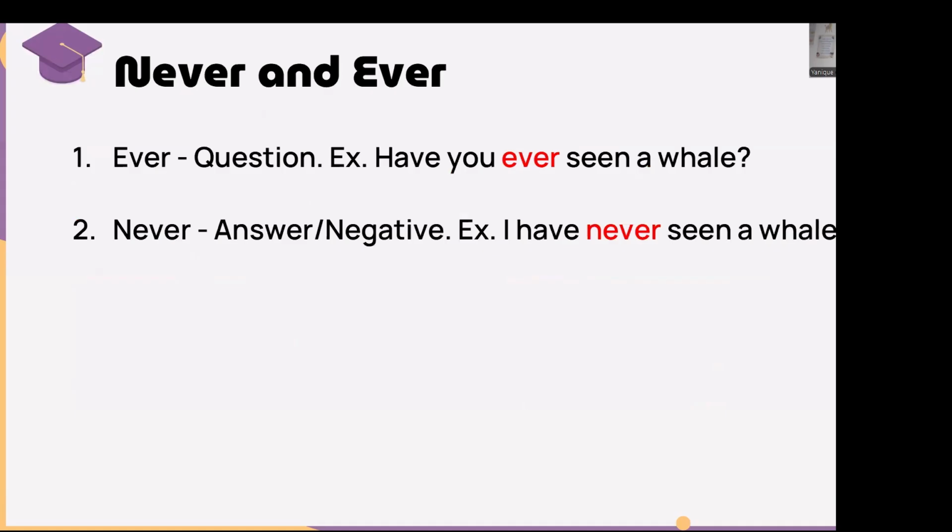Now with never. I have never seen a whale. And if you notice in this case, since I'm using never and it's already indicating negative, I cannot say I have not never, okay? You don't need to use not here. You just say I have never seen a whale.